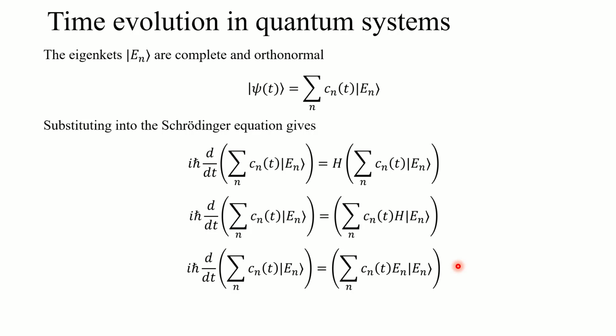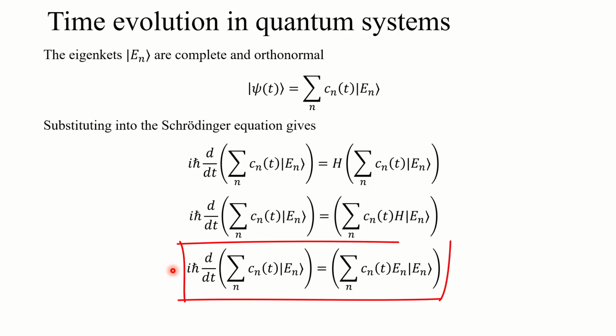We're assuming a constant Hamiltonian here, so those energy eigenkets are constant in time, and all the time dependence comes from the time dependence of the coefficients that make up that linear combination of the state vector. Short little aside there. But back to this, we've rewritten Schrödinger's equation in terms of our energy eigenbasis.